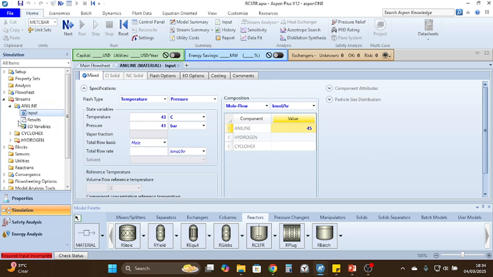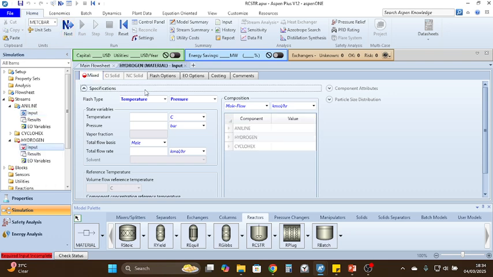So once we have specified the mole flow of aniline, our next target is to specify the input specifications of the stream hydrogen. So here you can see the hydrogen has been highlighted over here.